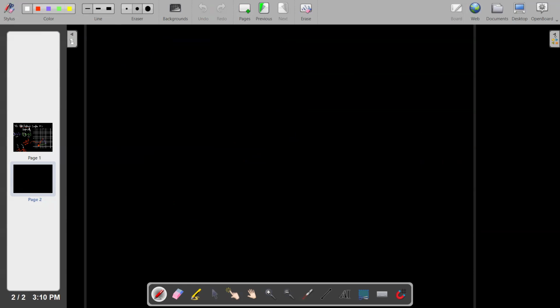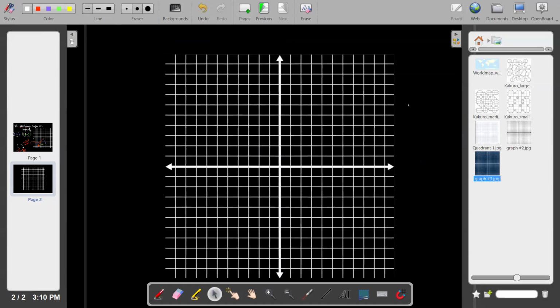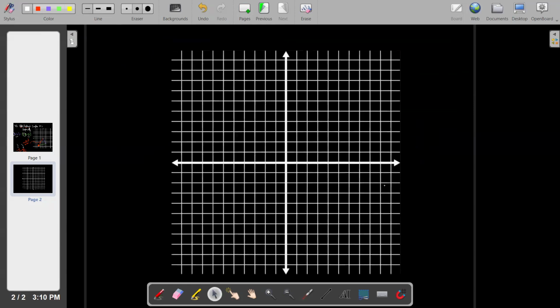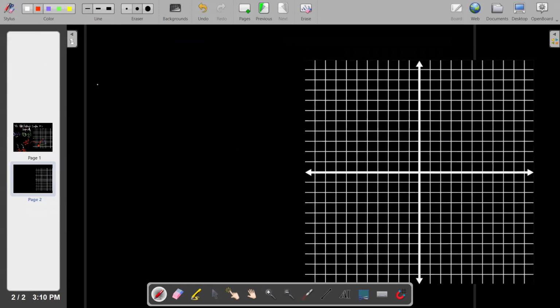So let me grab a graph, bring it in, get rid of that, and move this. And let's do a problem like -4 plus 6i minus -10 plus 3i.